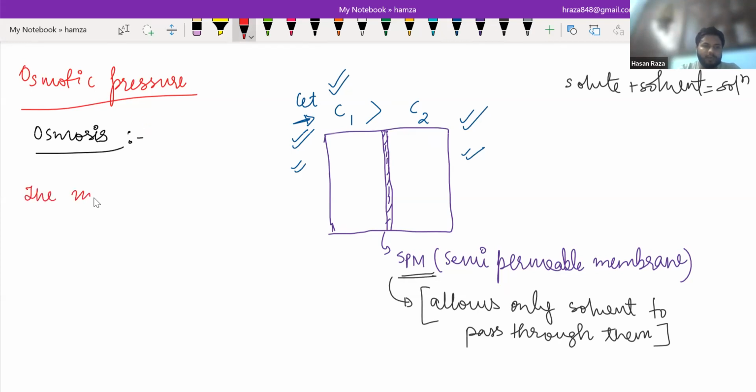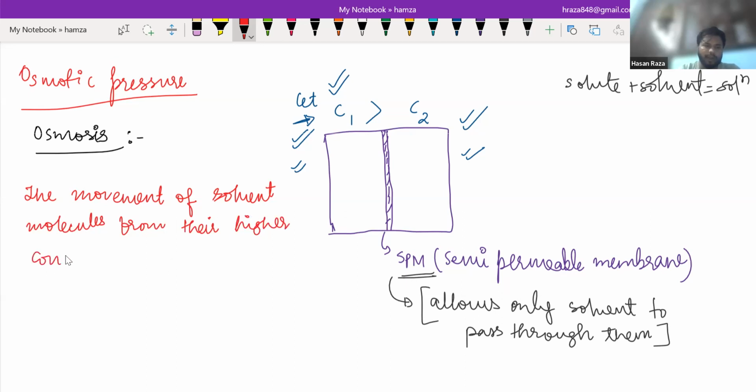The movement of solvent molecules from higher concentration, that means higher concentration of solvent, to lower concentration of solvent. This is in terms of solvent.